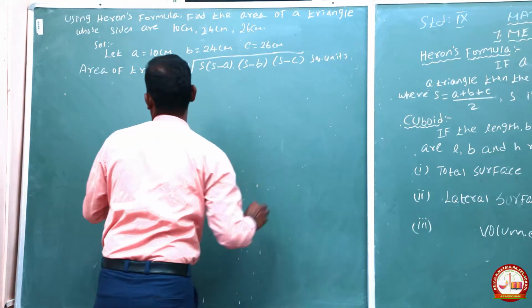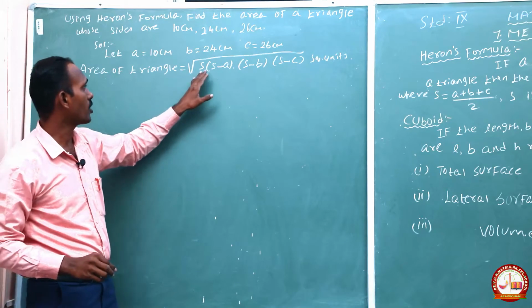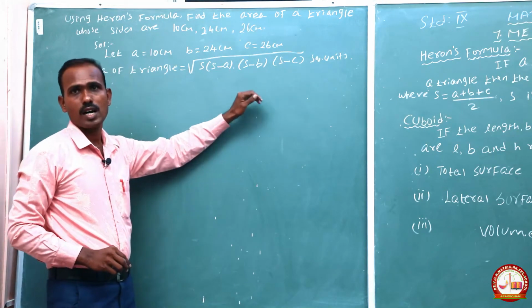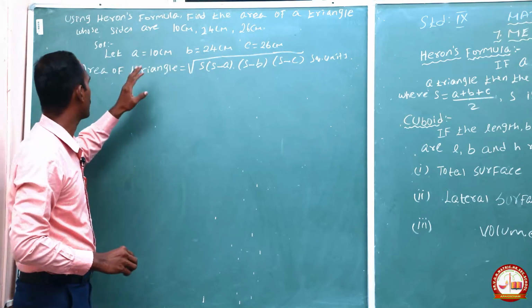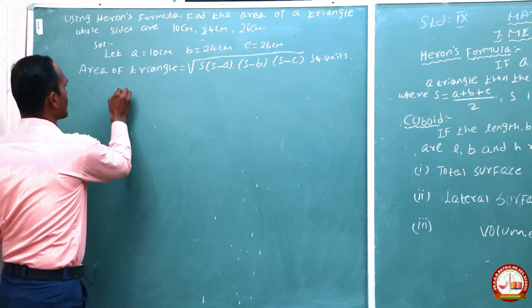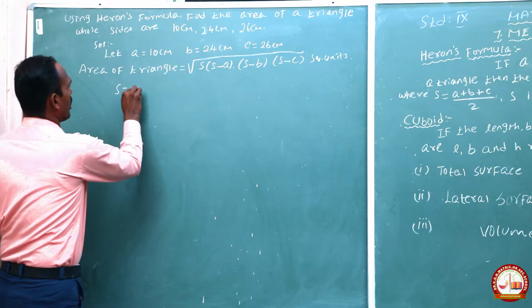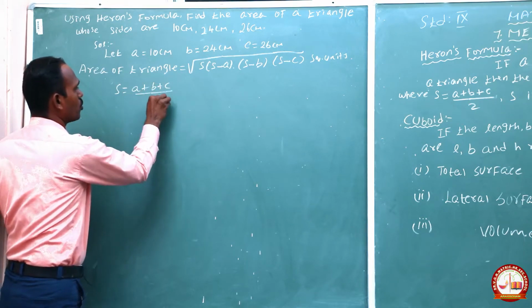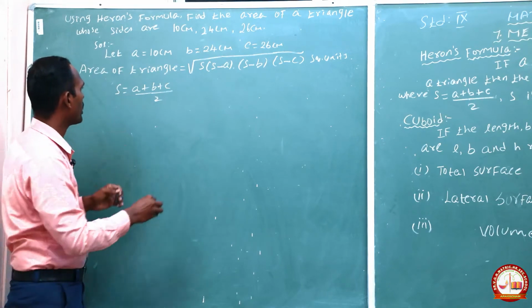At first we find s. How will you find s? s equals (a plus b plus c) divided by 2. So we apply this formula.